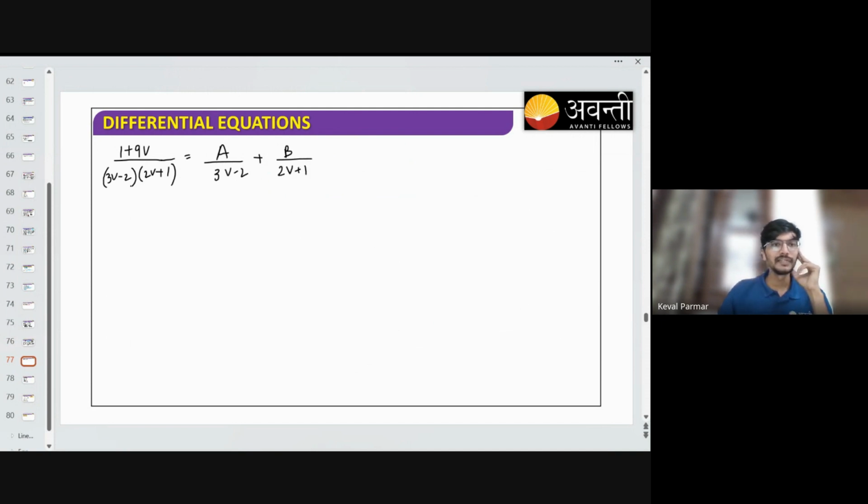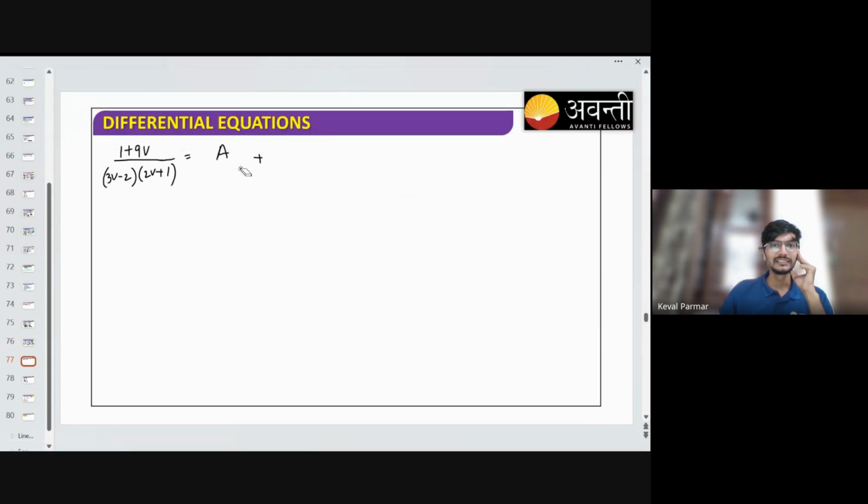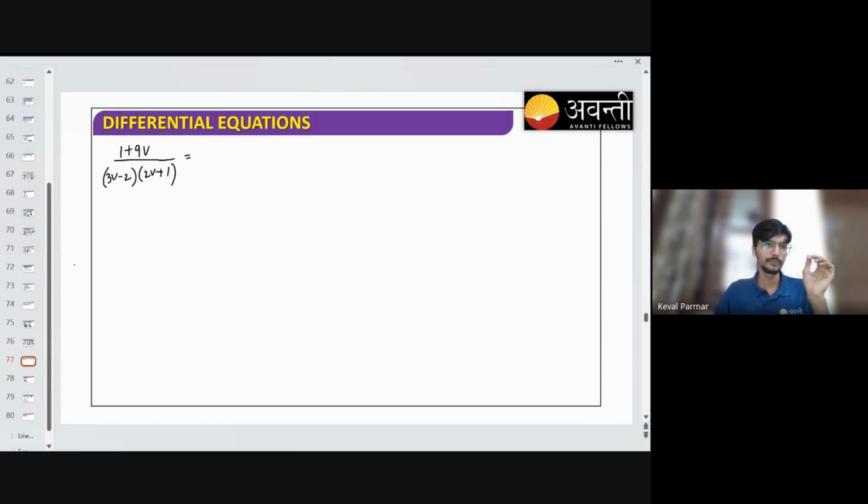So can we adjust it directly? Oh, there is no need to do partial fractions. See guys, you can adjust it directly. I just now saw it and adjusted it, but we can also use partial fractions.